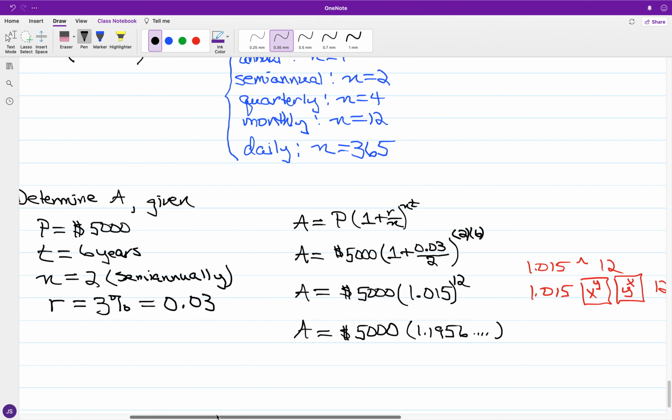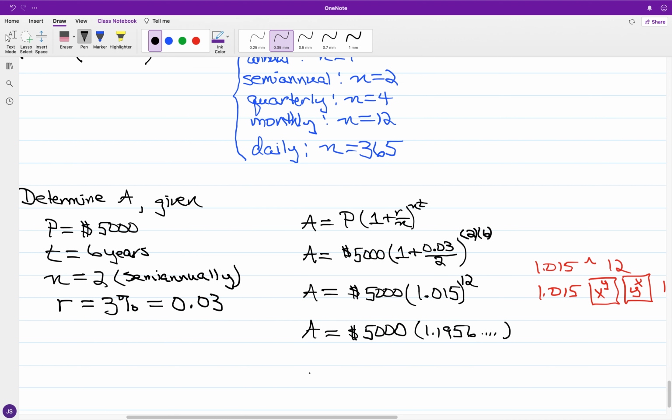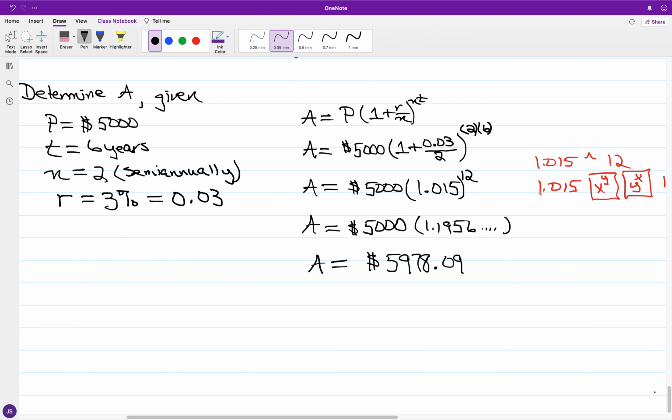So at 3% compounded semi-annually, the $5,000 is going to grow to right at $5,978.09. So that is going to be the future value.